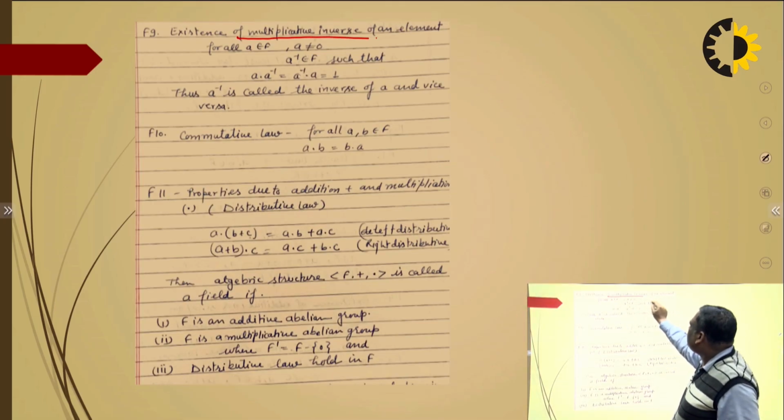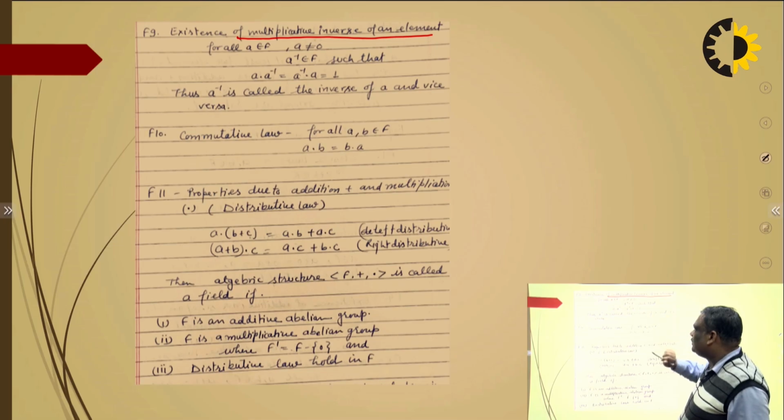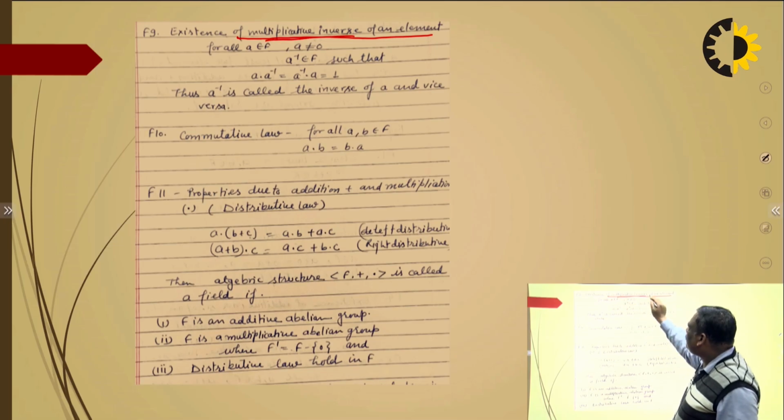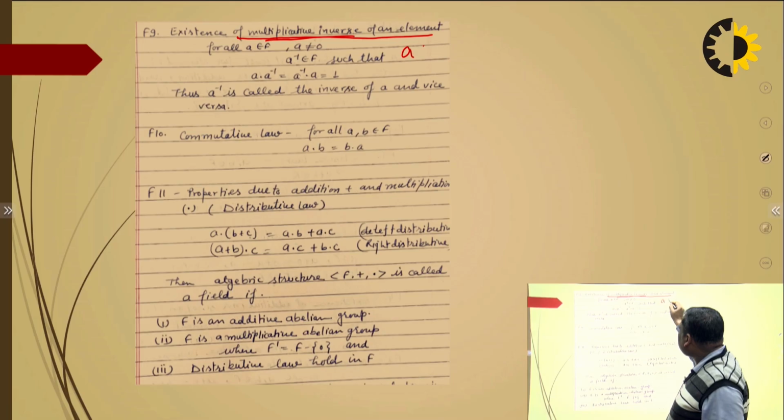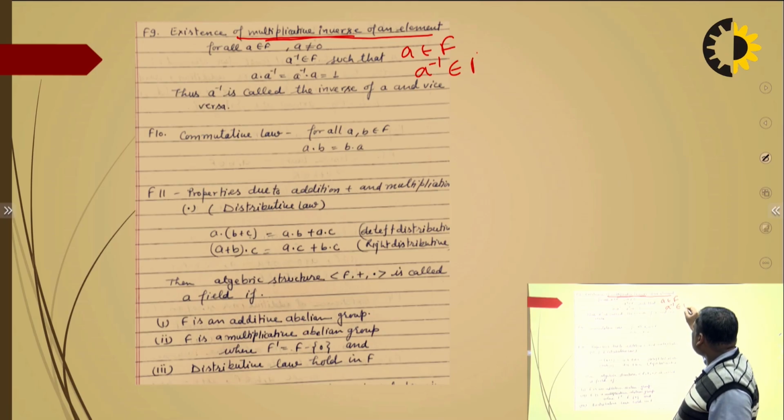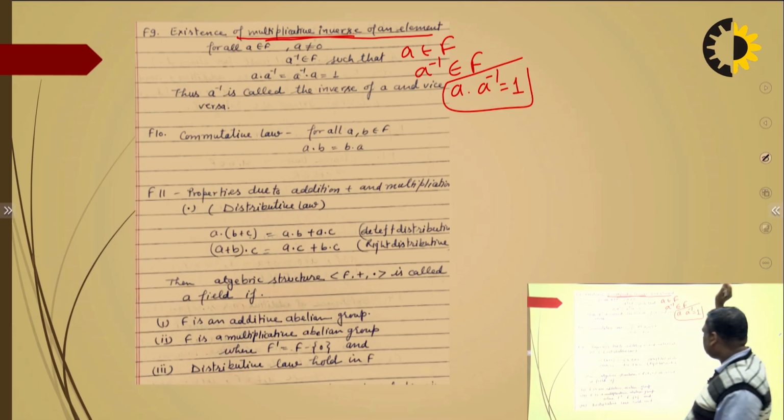In the next slide, the existence of the multiplicative inverse element also exists. That means if A belongs to F, then A inverse also belongs to F, and the operation A dot A inverse is equal to E, where E is the identity element, and 1 is the identity element here.